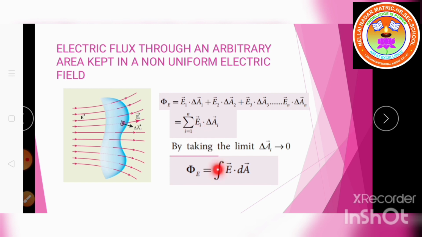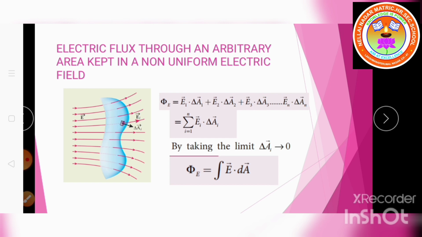The summation from i equals 1 to n we can write as an integral. Understand, children? So Φ_E equals the integral of E vector dot dA vector.